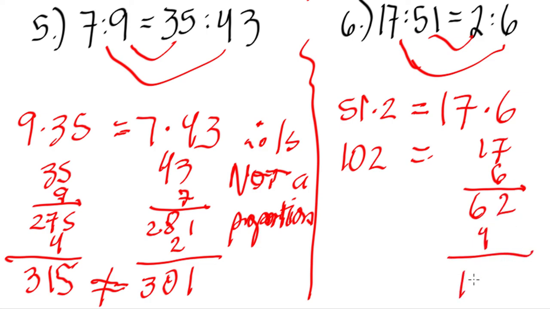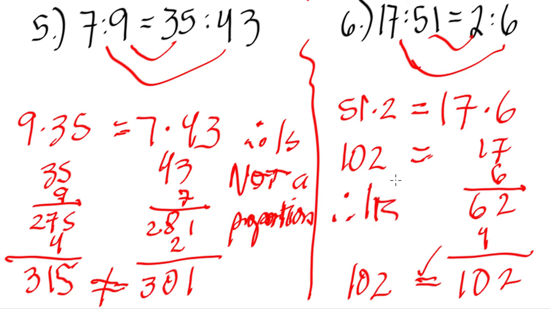So this is going to give us 102. And clearly, 102 is indeed equal to 102. So we ended up with an identity. Therefore, we can say that this is a proportion.